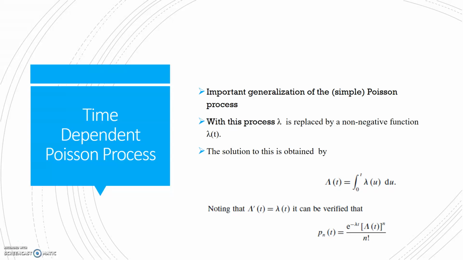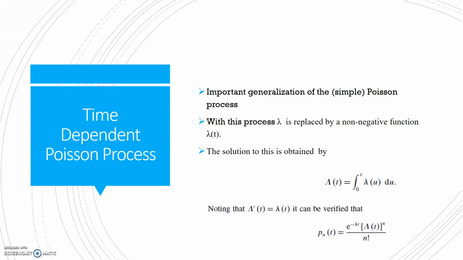The solution is obtained by capital lambda of t equals the integral of lambda of u du from 0 to t. One thing we have to note is that capital lambda prime of t should be equal to lambda of t.